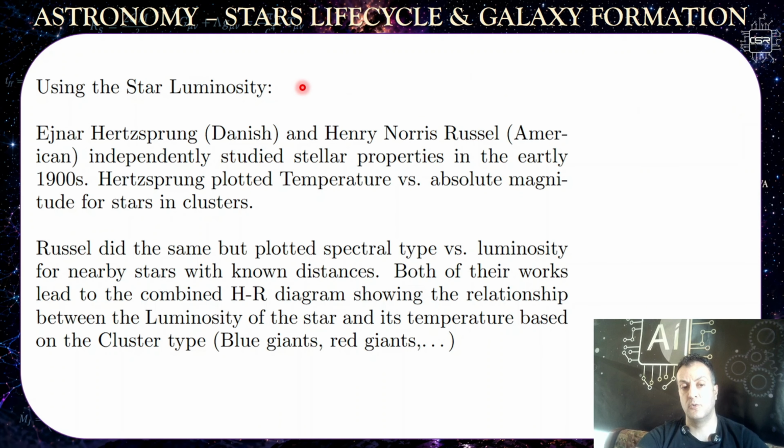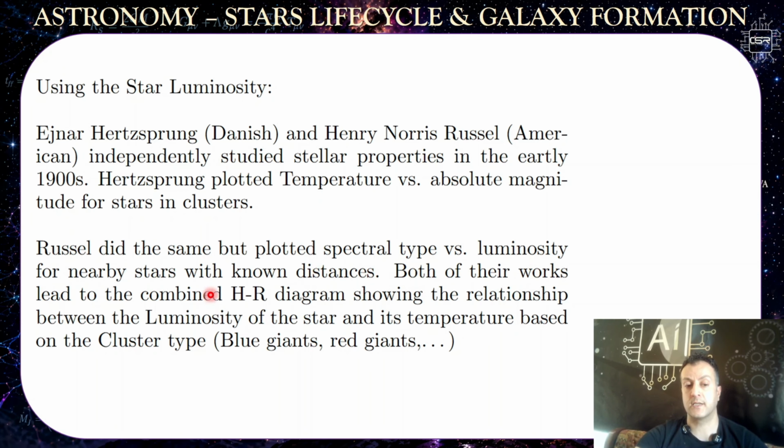Using the star luminosity, Ejnar Hertzsprung, of Danish origin, and Henry Norris Russell, American, independently studied stellar properties in the early 1900s. Hertzsprung plotted temperature versus absolute magnitude for stars in clusters. Russell did the same but plotted spectral type versus luminosity for nearby stars with known distances.